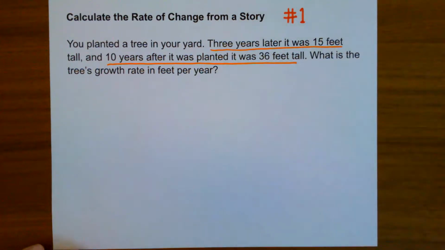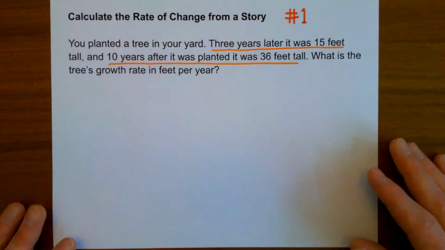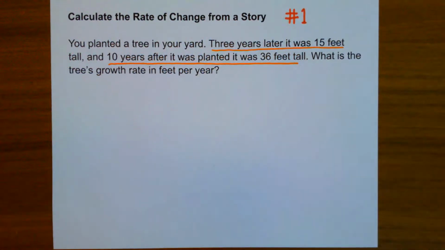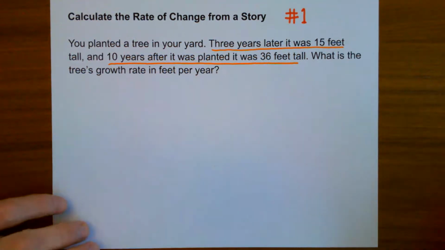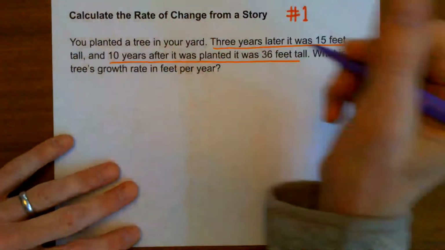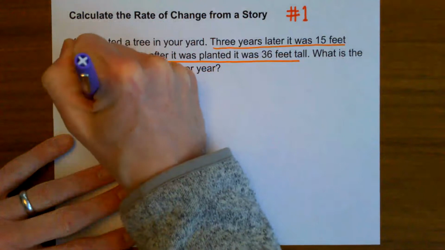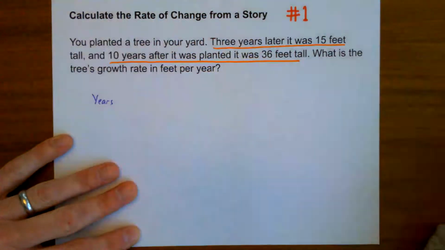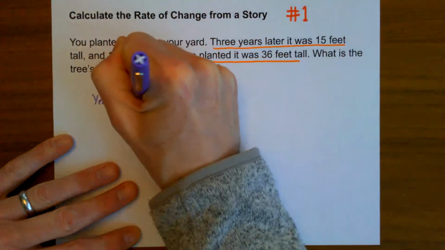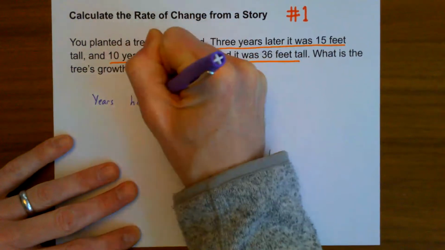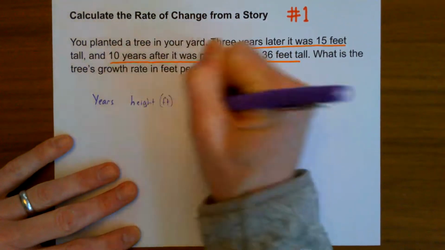What you need to do instead is look at how the height changes as the years go by. And so what I often suggest on a problem like this is let's make a little data table, with years and height in feet.